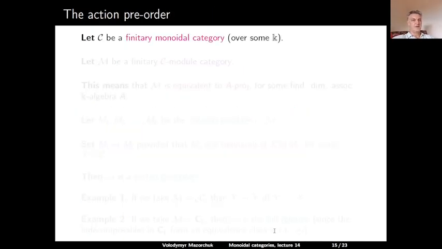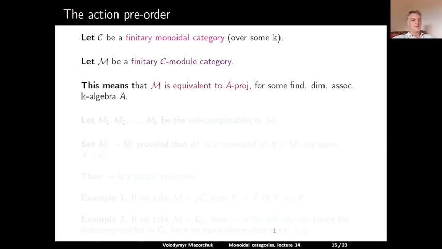So let C be a finitary monoidal category over some field K, and let M be a finitary C-module category. Then the category M is equivalent to the category of projective modules over some finite dimensional associative K-algebra A, and we can list all indecomposable objects in M up to isomorphism. Let them be M1, M2, and so on, Mk.